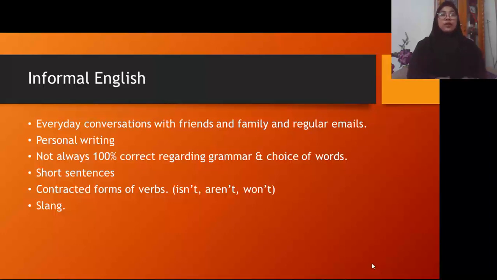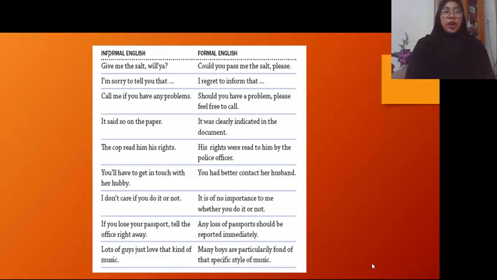That's about the differences between formal and informal conversation. Actually, you must know about this so you can apply the language suitable to the situation. Okay, the next one. Let's see. Here, there are some examples of sentences in informal and formal English.